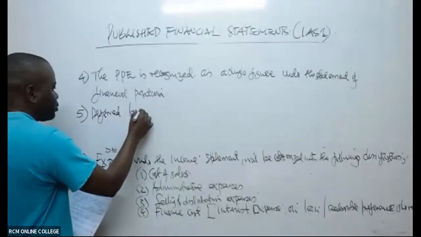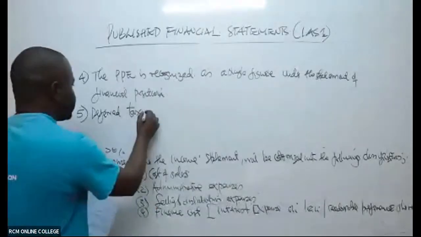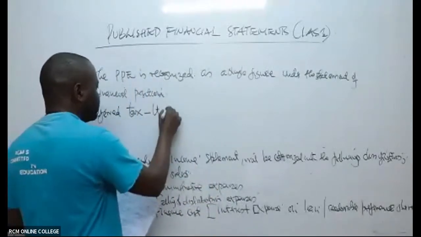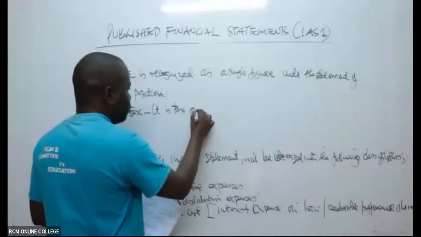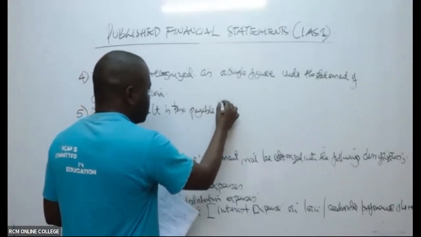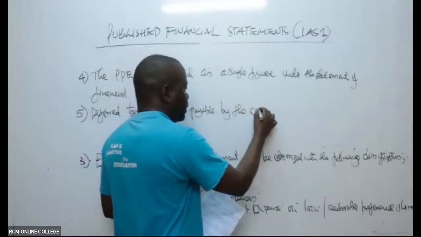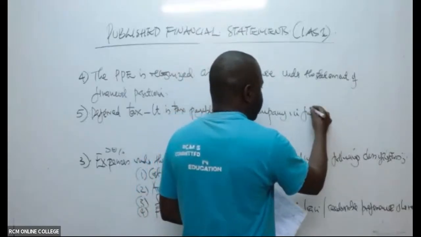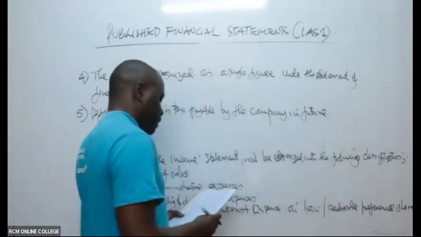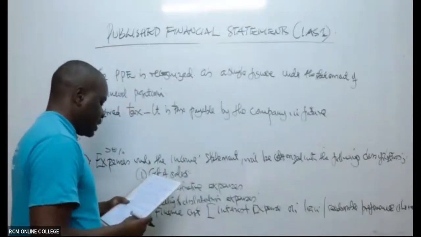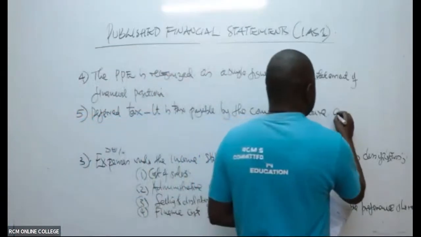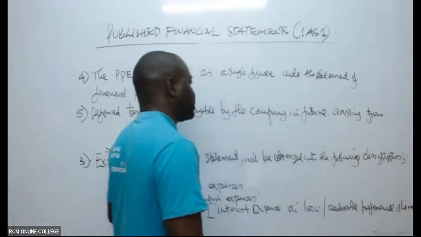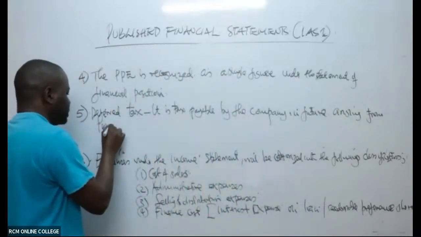If you can recall this topic, we say deferred tax is tax payable by the company in future, or recoverable from the company in future, arising from what we refer to as temporary differences.